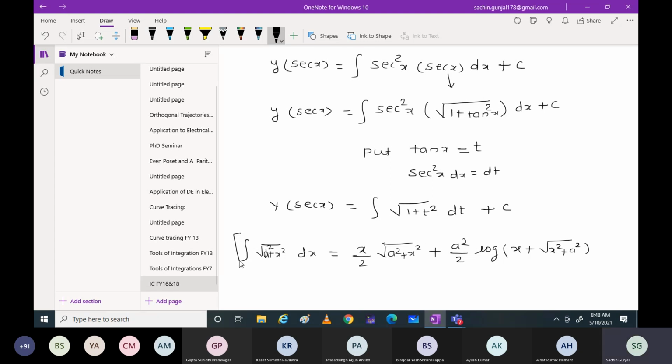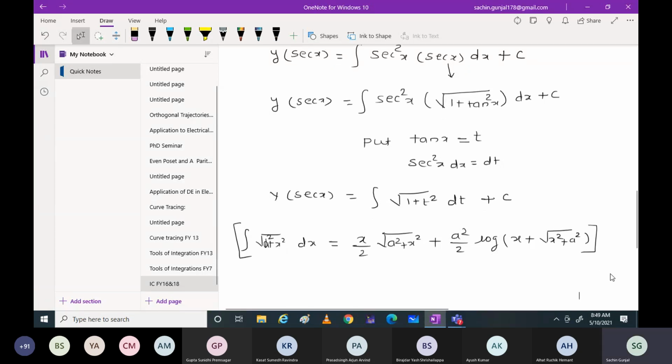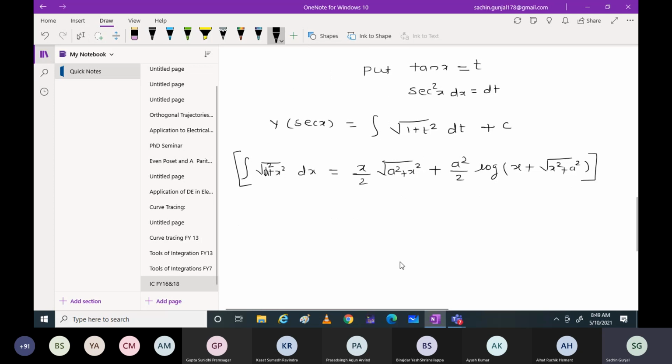Okay. So let us apply it here. A is 1. So y into sec x is equal to t by 2 under root 1 plus t square plus 1 by 2 log of t plus under root 1 plus t square.